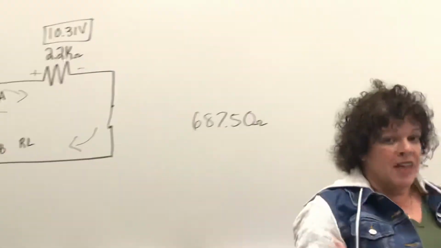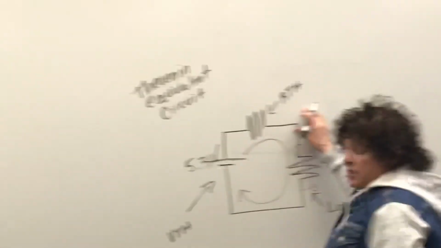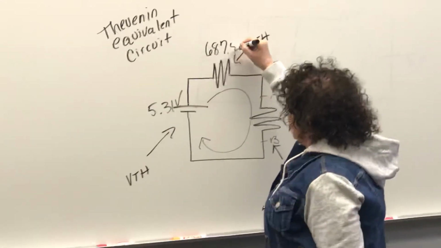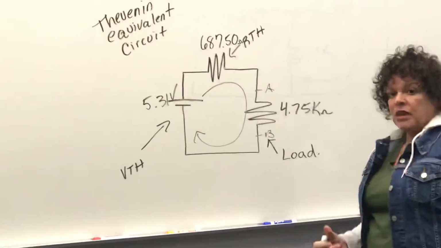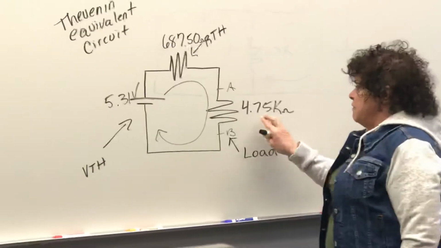So now we bring that back to our Thevenin equivalent circuit, and that is our RTH of 687.50 ohms.